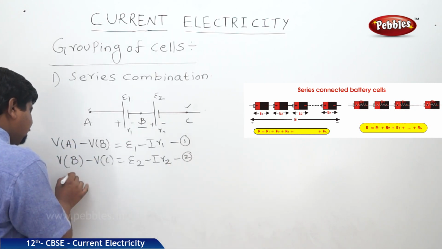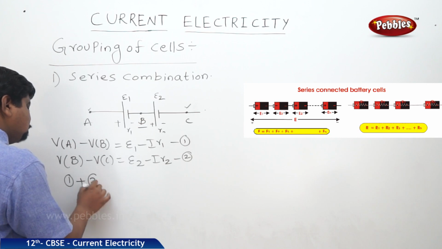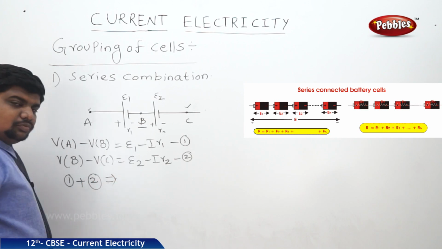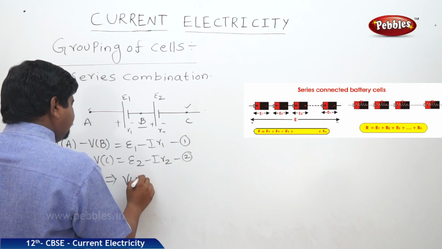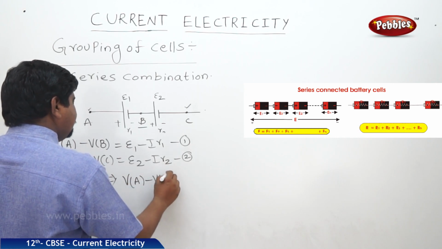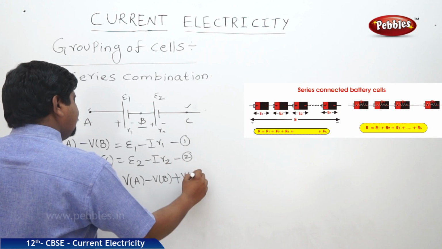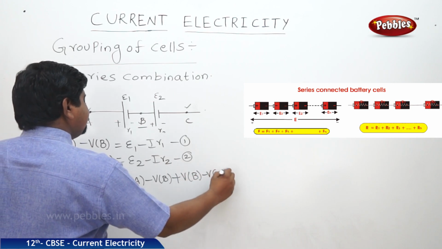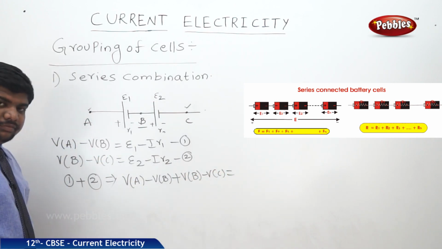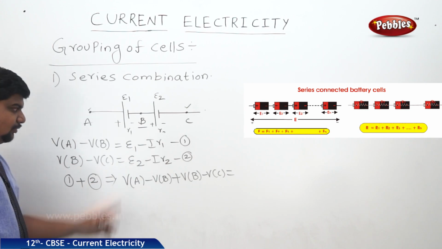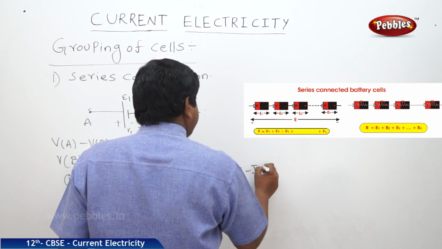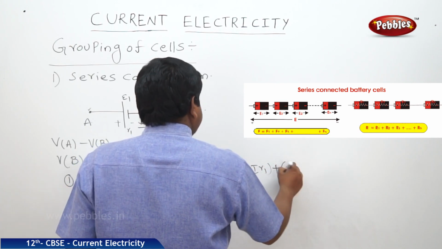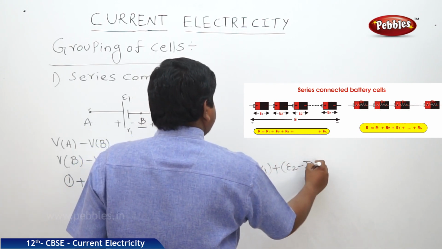Now I am adding equations 1 and 2. On the left hand side we get VA minus VB plus VB minus VC. What is the right hand side expression? E1 minus IR1 plus E2 minus IR2.